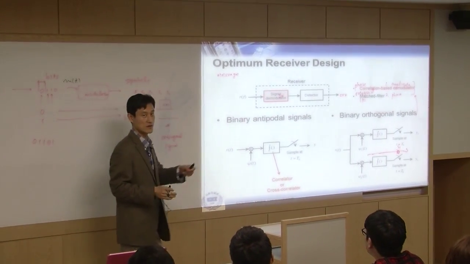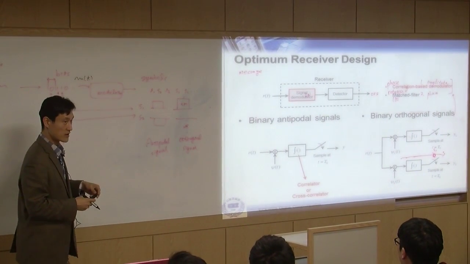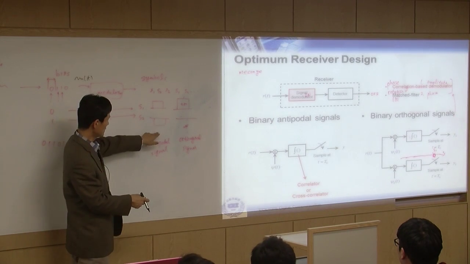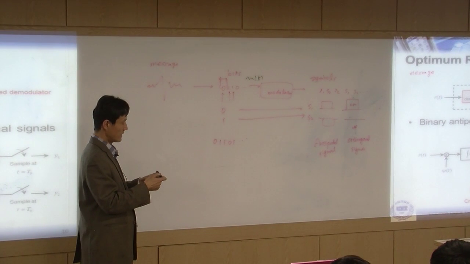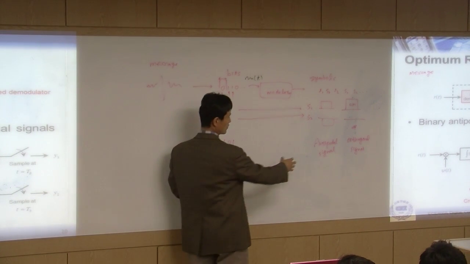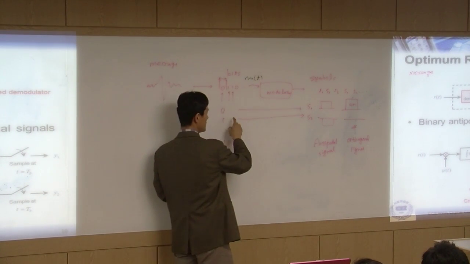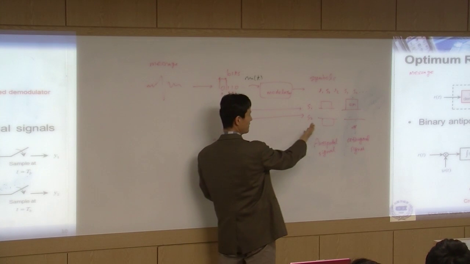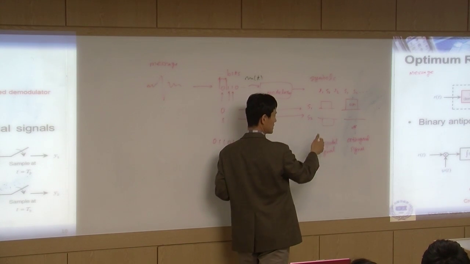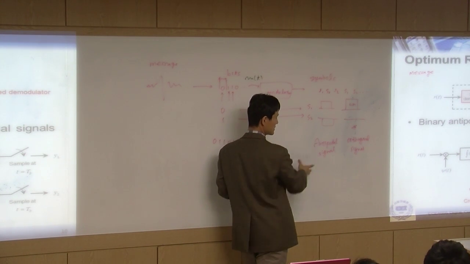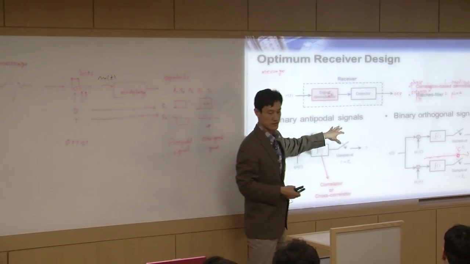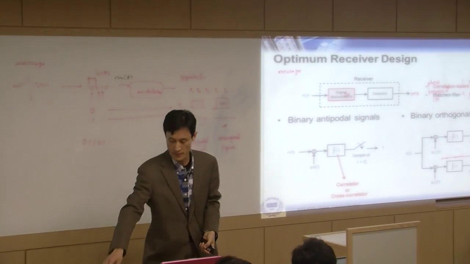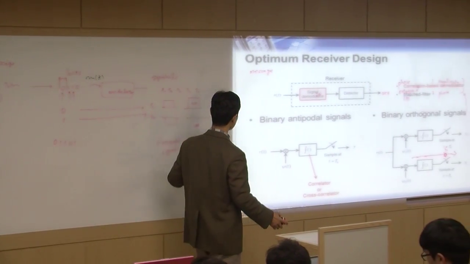This is the assumption. We just learned the antipodal signal, right? We assume that we use this mapping: 0, 1 is going to be mapped into positive or negative symbols. So that's an antipodal signal, and that's what we are going to use in this system.